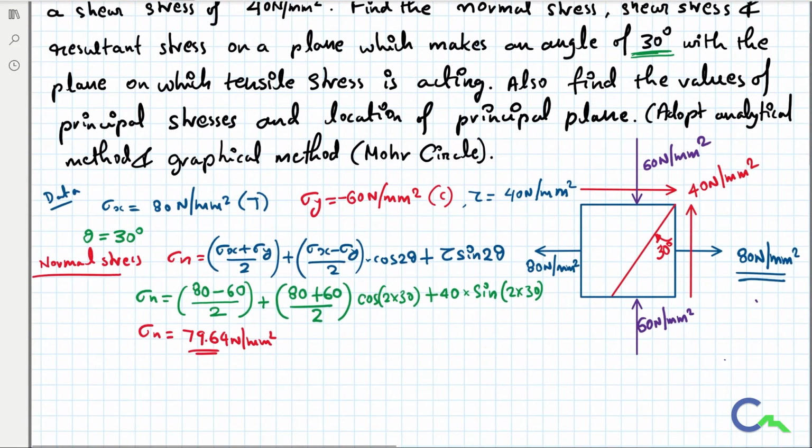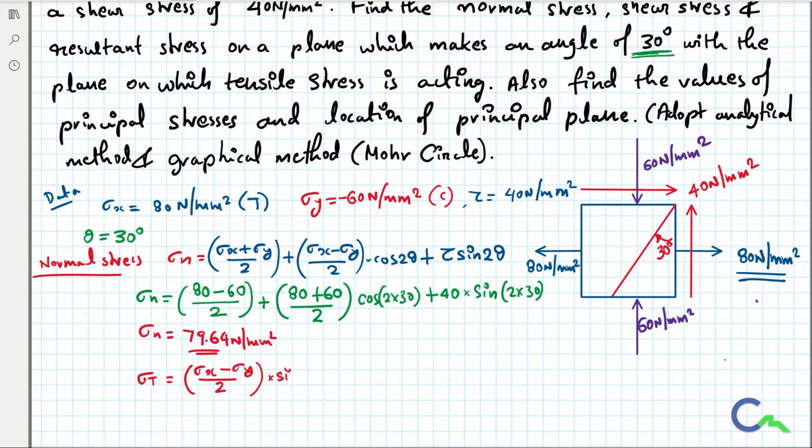Then I am going to calculate shear stress or tangential stress, that is sigma t. For that we have the formula (sigma x minus sigma y) divided by 2 into sin 2 theta minus tau into cos 2 theta.